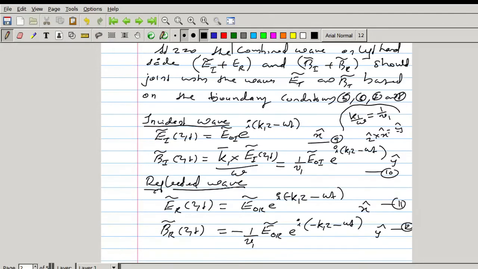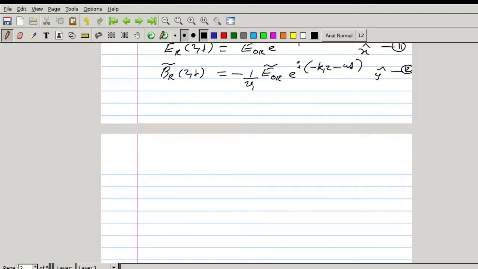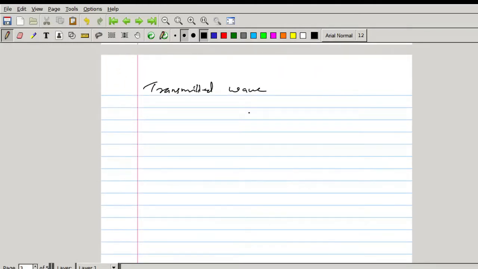Now we will write the wave equations for the transmitted wave. The wave is transmitted into the conducting medium. In a conducting medium, the wave vector is complex, and that wave vector is given by K2.